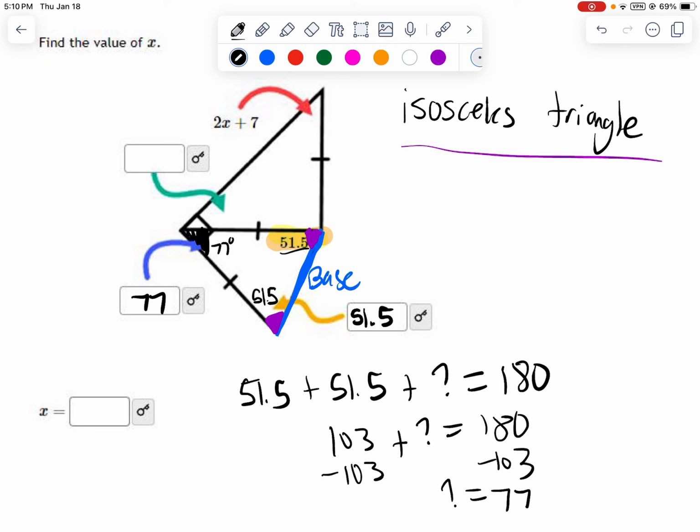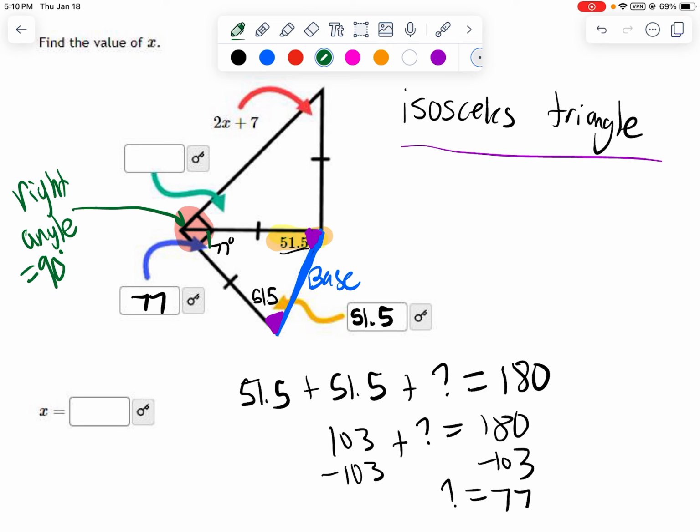Okay, and you're like, great, well, how does that help me now? Well, keep looking at the information you're told in the diagram. We have this little box there. What does it mean to have a little box in the corner of any diagram? That means that it is a right angle, meaning that that angle is equal to 90 degrees.